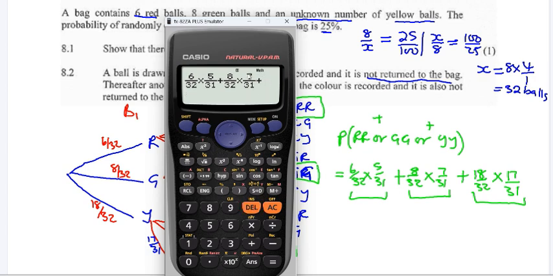All right, we have 8 over 32 times 7 over 31, and then plus 18 over 32, times 17 over 31.